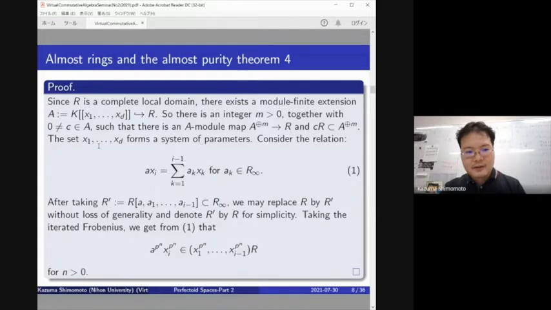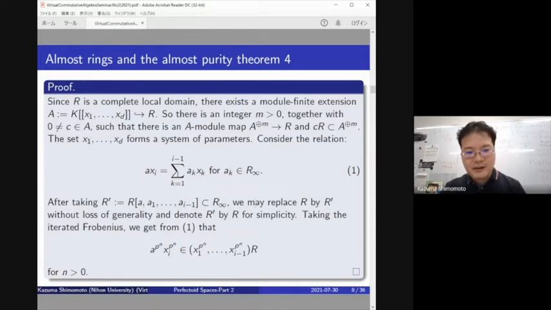So then in this case, x1 through xd form a system of parameters, and we consider the relations. Because the obstruction for a parameter sequence to become a regular sequence is just that there are somehow non-trivial relations.